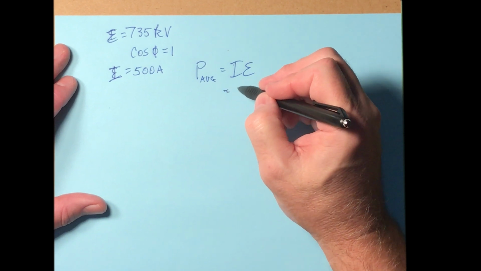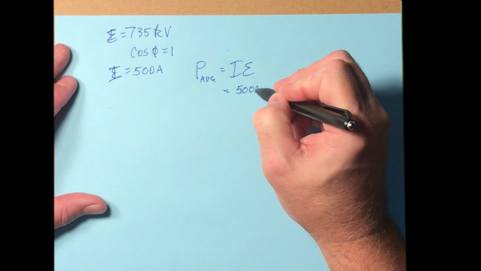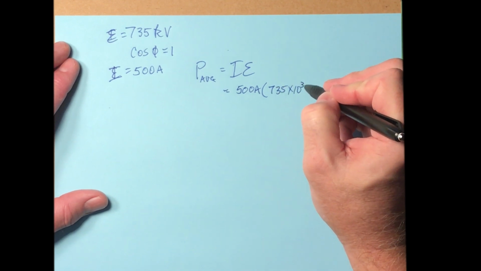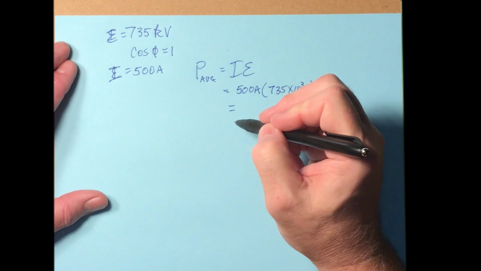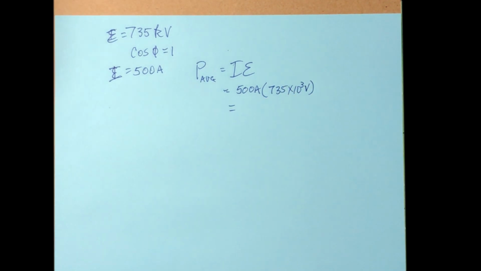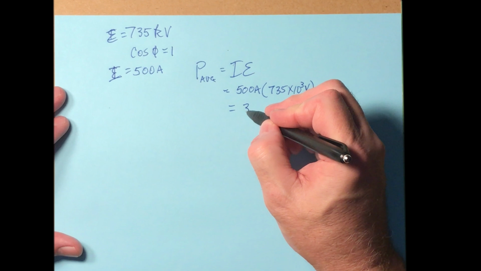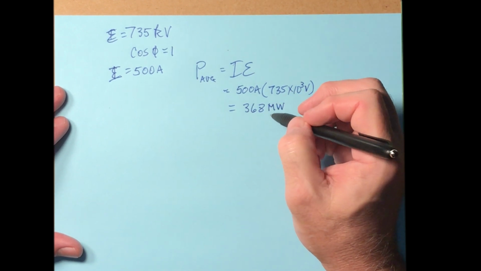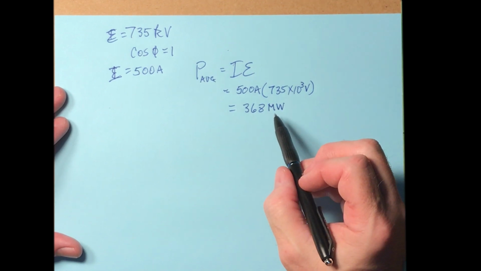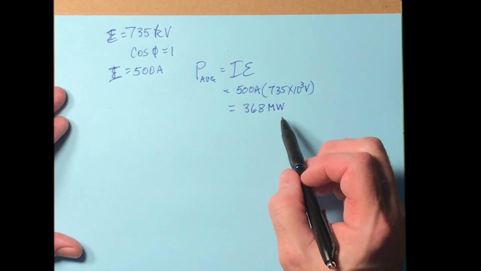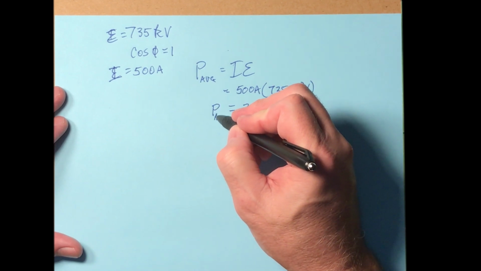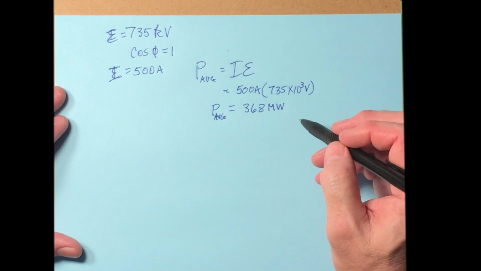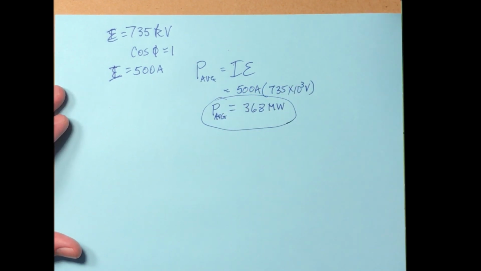We've got I equals 500 amps times E, 735 times 10 to the third volts, gives me an average power of 368 megawatts. That's the rate at which energy is supplied by the power company. That's how much power it could potentially deliver as long as there's no loss along the way. That's the energy coming out of the generator.